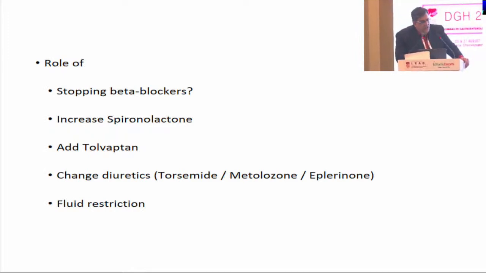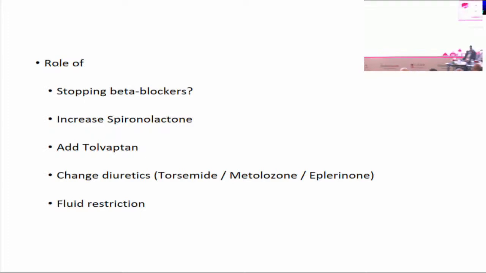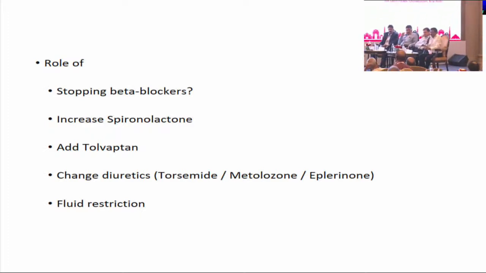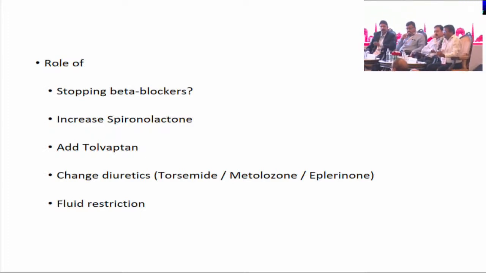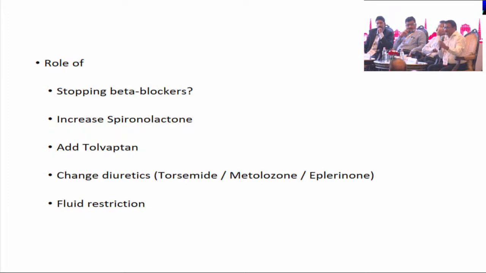So what about other options? Would you add tolvaptan? Because now the sodium is 129, the MAP is still good. Actually, now we are dealing with a case of refractory ascites, because there is requirement of repeated large volume paracentesis in this patient. So once a patient develops refractory ascites, we have to withdraw all diuretics.